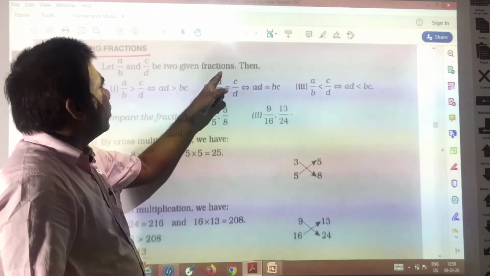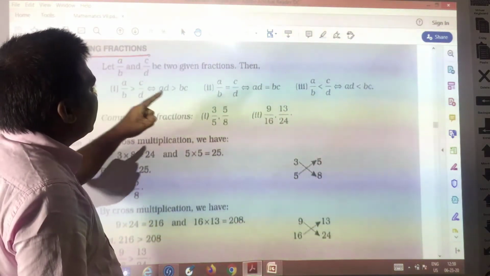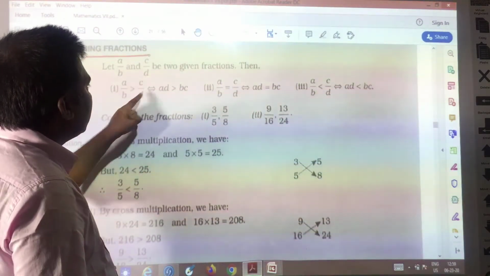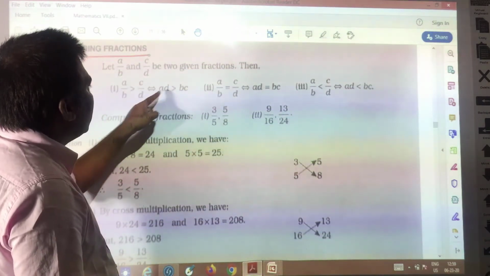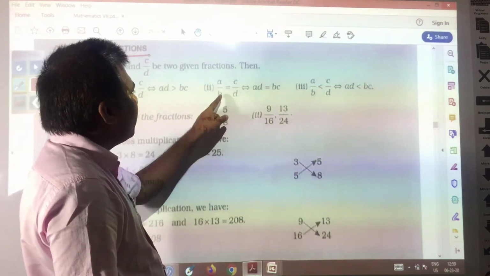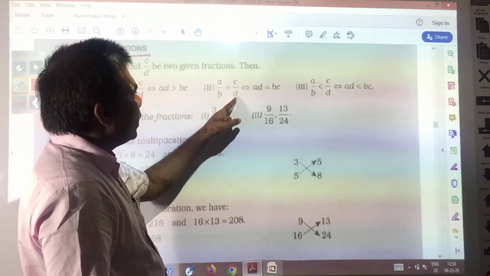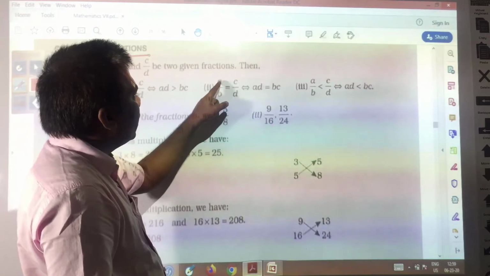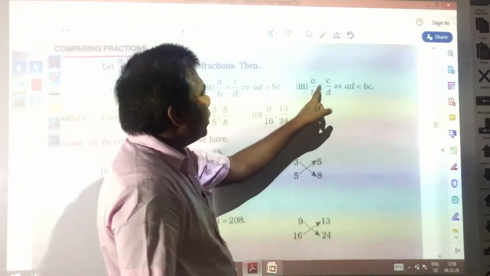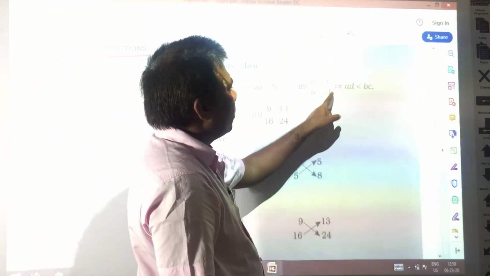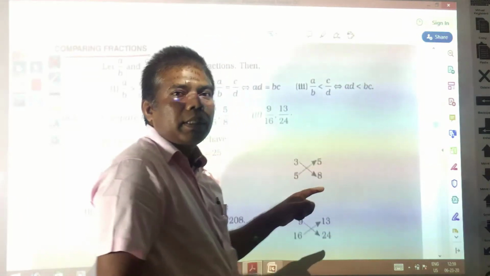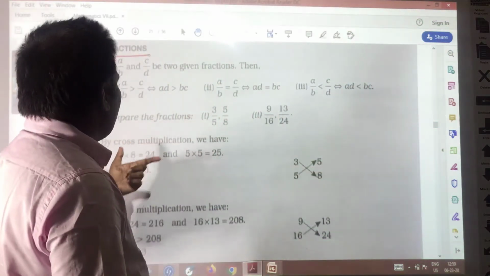Then if A by B is greater than C by D, that implies A into D is greater than B into C. Second, if A by B is equal to C by D, then that will imply A into D is equal to B into C. Third, if A by B is lesser than C by D, then AD will be lesser than BC. So, let us see how it works.